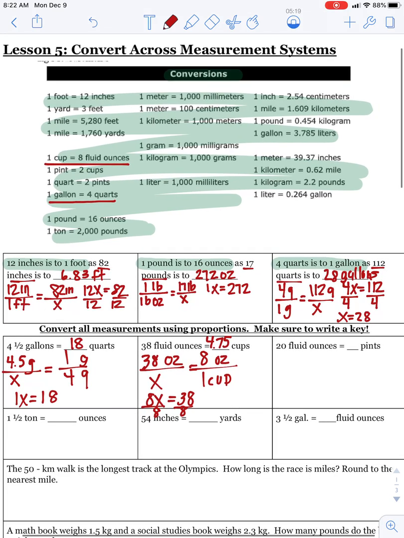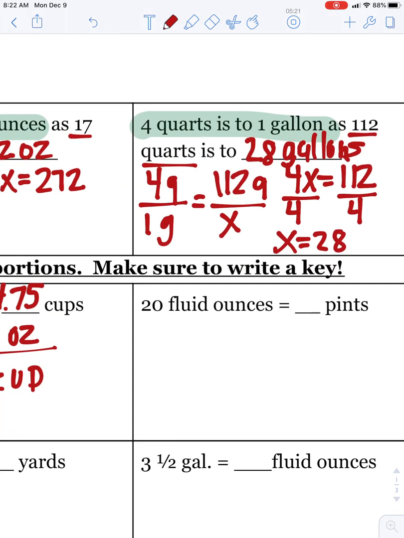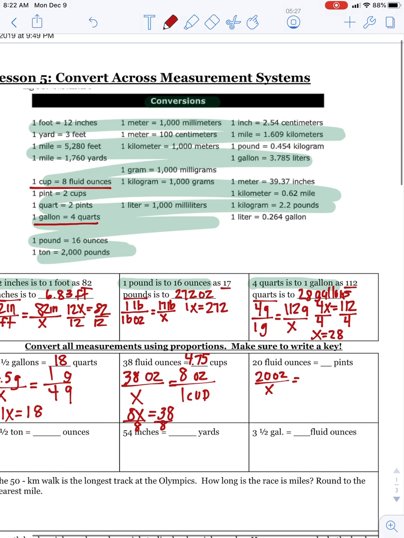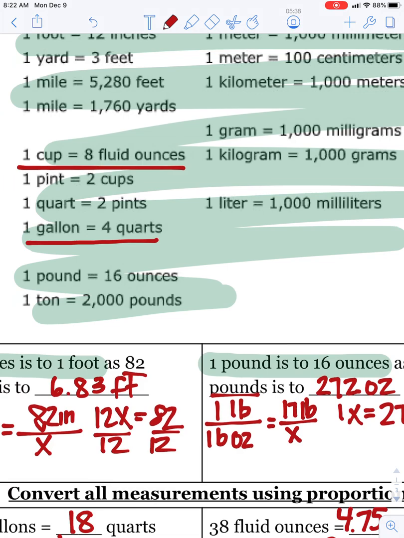Moving right along, we have fluid ounces to pints. So 20 ounces over X equals, and we have to find one that's fluid ounces to pints. If you notice, we've already done one fluid ounces to cups, so there isn't one to pints. So you have to see that there's fluid ounces to cups, and then there's cups to pints.